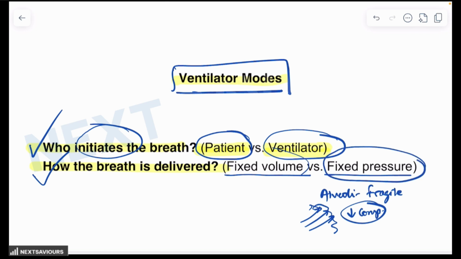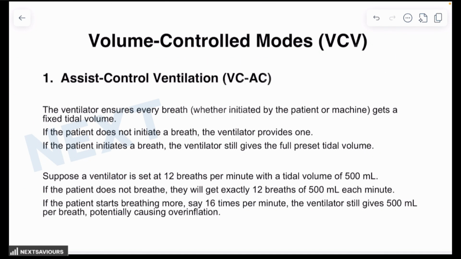But in another scenario, where the patient is not putting in any effort at all, like if the patient is under a major surgery with general anesthesia, there is absolutely no effort by the patient. In those cases, a fixed volume mode has to be provided so that adequate ventilation is achieved by the ventilator. So on this basis, the ventilator modes are decided.